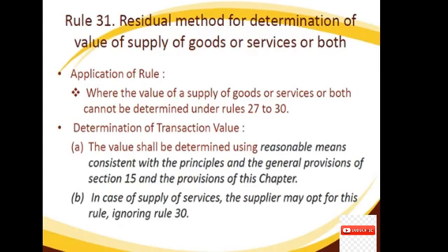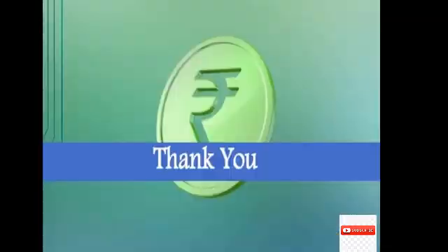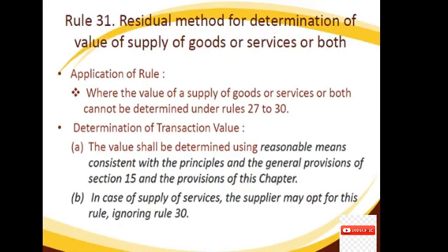And this is the last rule, Rule 31, which says where the above methods are not appropriate to be used, then you can take the assistance of the GST officials for determining the value of your taxable supply. So, in my next lecture, we would be talking about the remaining rules, which will begin from Rule 32 and will end on Rule 35.